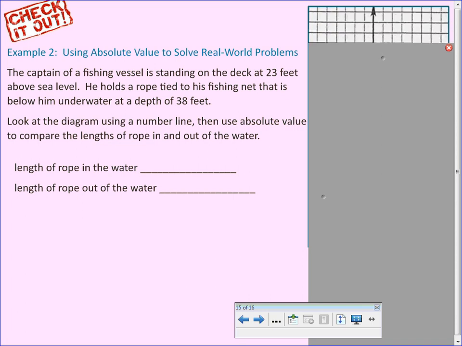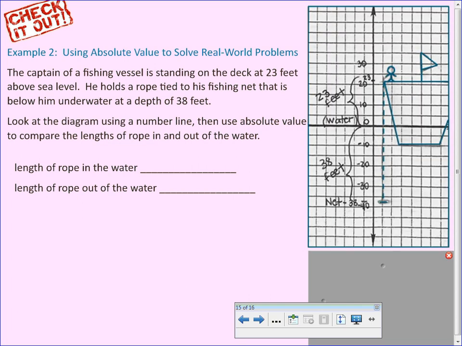You okay? So look at what this person did. This person used a coordinate grid. So here is 0, which is your x-axis. They drew a little boat. Okay? The boat was in the water a little bit. And there's your person. The person is 23 feet above sea level.